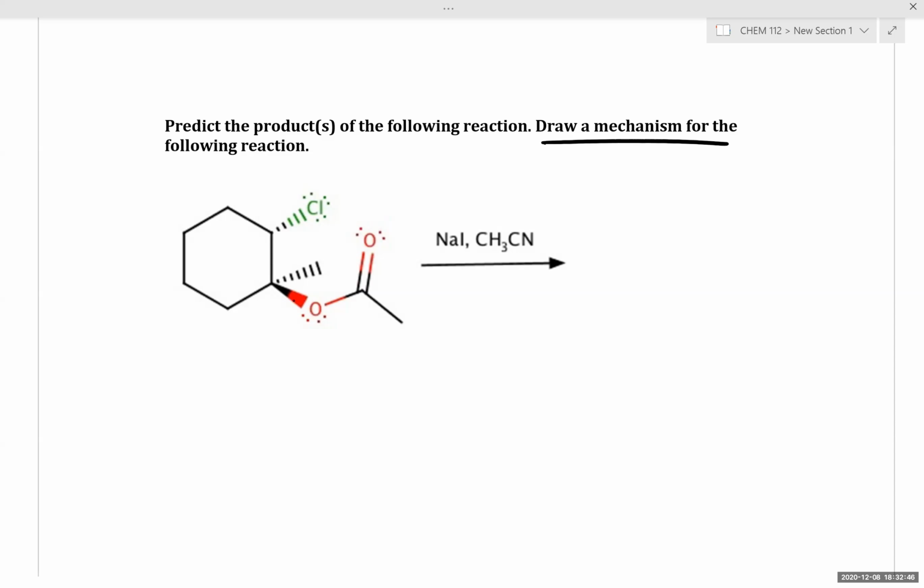So let's start with the nucleophile. What's the nucleophile in this process? Yes, that's one of our nucleophiles, yes. But what is our reagent nucleophile? What is our external nucleophile?